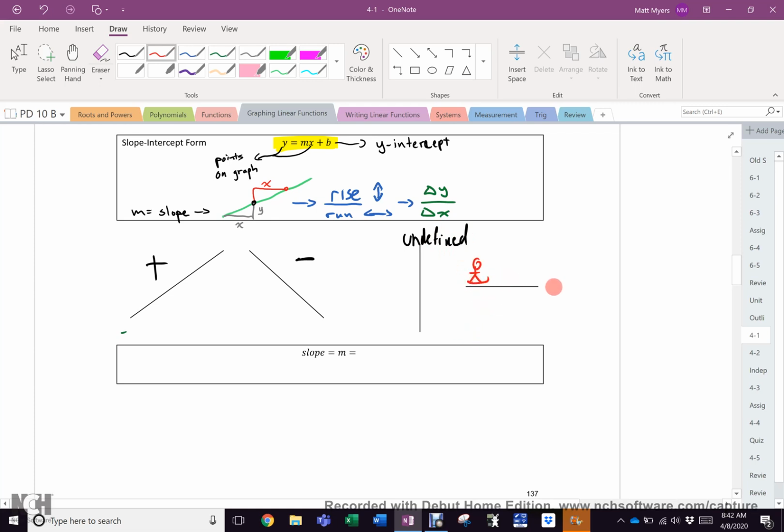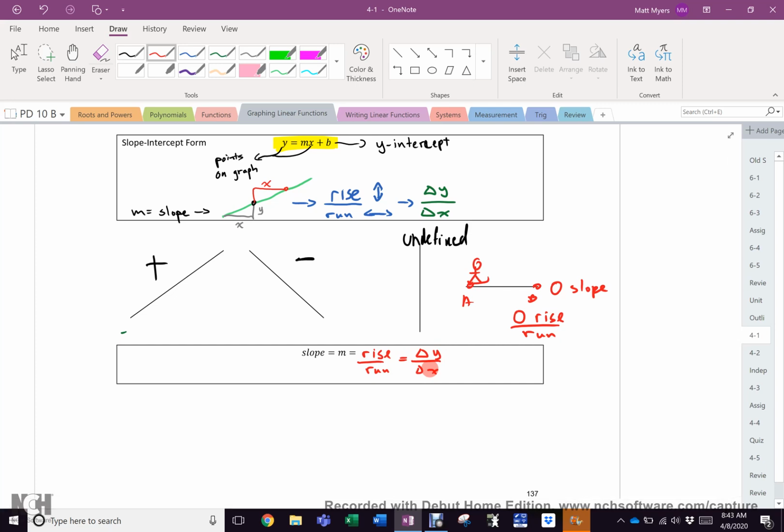No. This one is a zero slope because from A to B, I have zero rise, but I have a run. 0 divided by anything is 0. So slope is m in this form, but it's also rise divided by run. It's also the change in y divided by the change in x. Okay?